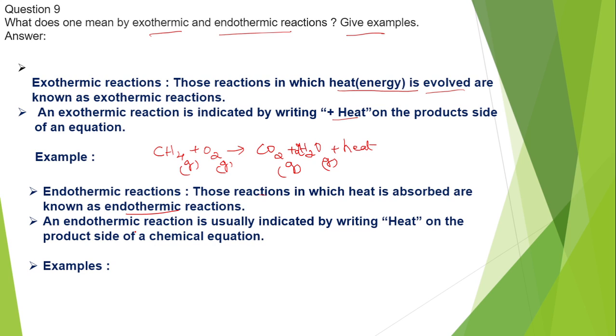Now let us take the example of thermal decomposition of calcium carbonate. Calcium carbonate on heating forms calcium oxide plus carbon dioxide. This calcium oxide is also called quicklime, which is used in the cement industry.